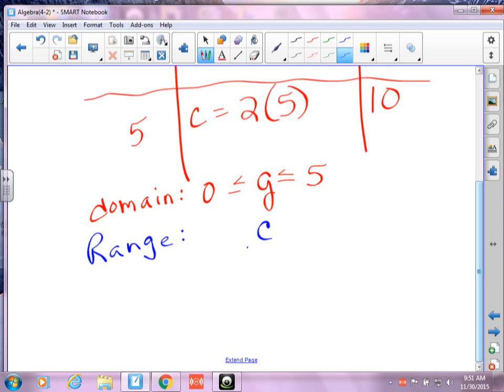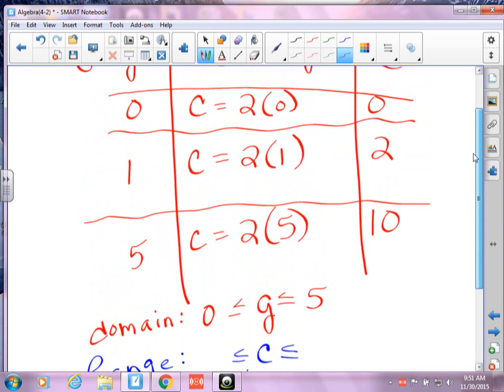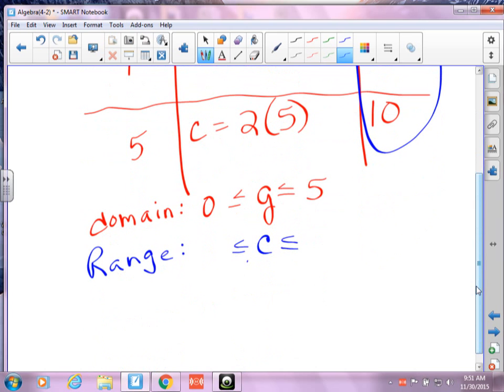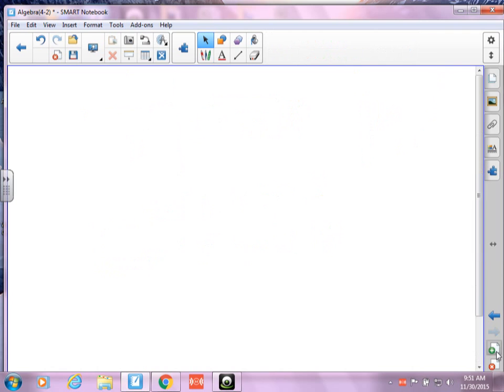Range is my C. What's my smallest value for C? 0. What's my largest? 10. Notice I'm getting it right here. So I got 0 and I got 10. Okay? Now I need to graph it, don't I? So it asks me to graph it. Okay? So I'm going to graph it.